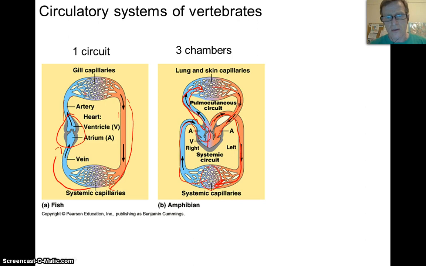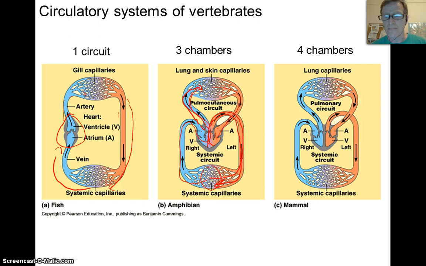If you look at this, though, there's just 3 chambers here, 1, 2, 3, which means that there's some mixing of the oxygenated and deoxygenated blood.